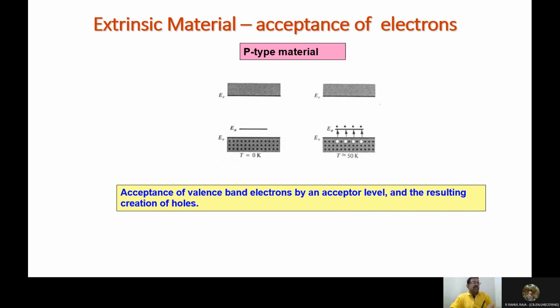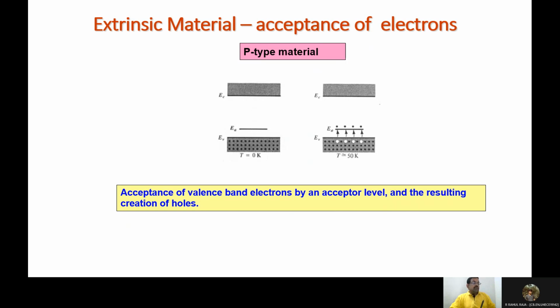Silicon forms 3 covalent bonds with 3 other silicon atoms, but it sees a boron now, and boron does not have an electron to give. Rather, there is an empty state in relation to the stable configuration. So boron readily accepts an electron coming from silicon, therefore it is an acceptor.